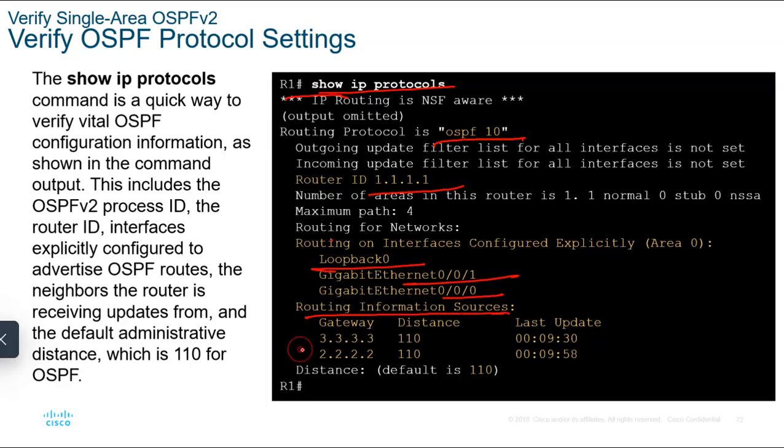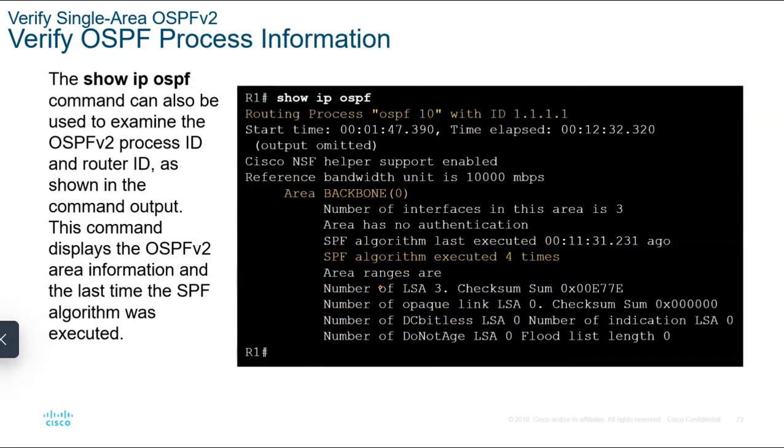The neighbors we have, as you can see, 3.3.3.3 and then 2.2.2.2. Then verifying the process information with show ip ospf, you can see we have this, then the ID is this. The area is backbone, which is area 0. The shortest path first algorithm executes 4 times.